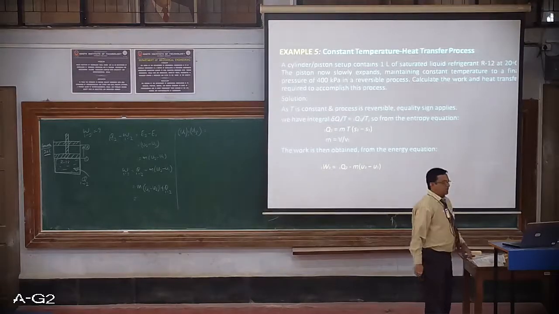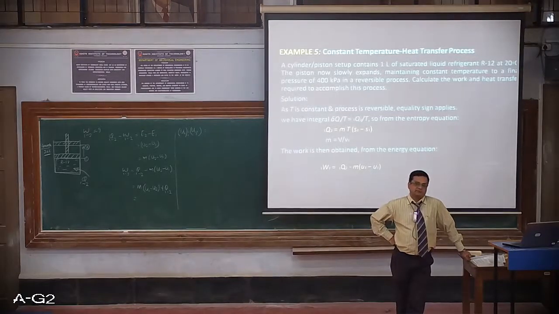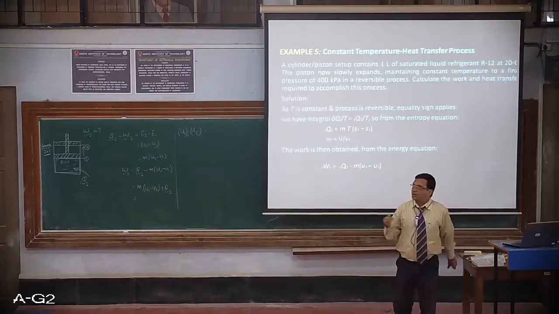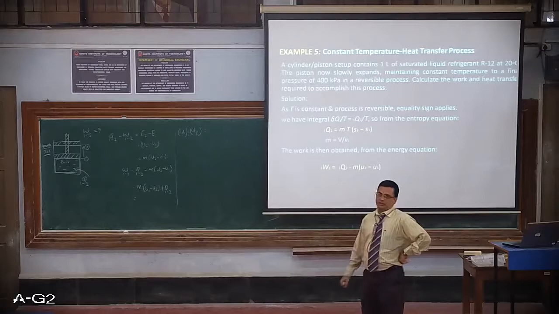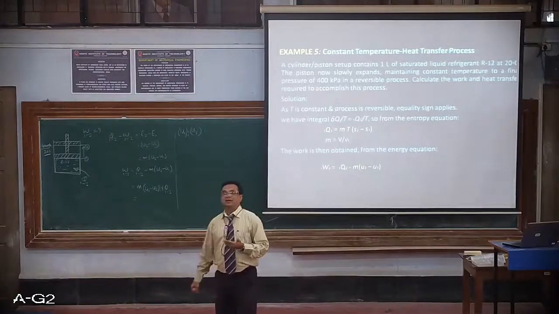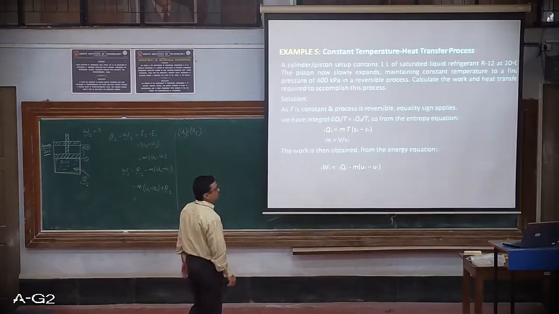In some books only specific volume, entropy and enthalpy are given, especially for refrigerants. In such cases, how to evaluate the value of U1? Here comes the combination property called enthalpy. With the help of enthalpy, we can get the value of U1.